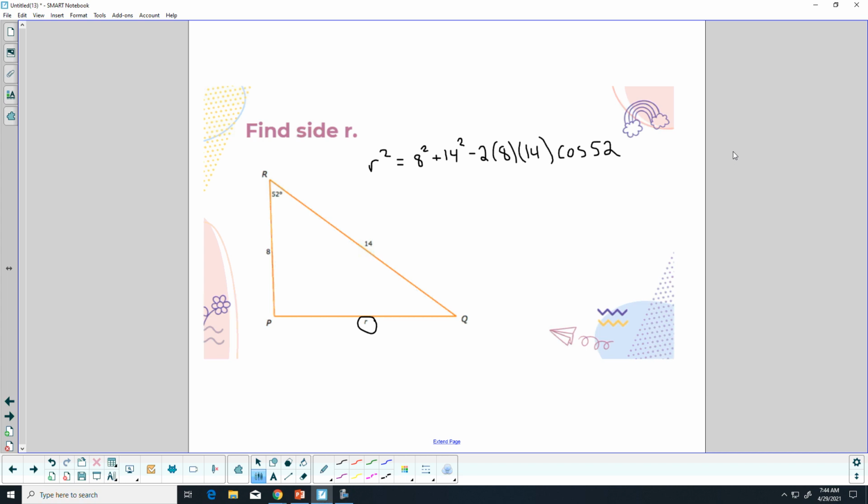So 8 squared plus 14 squared, I get 260 minus 2 times 8 times 14 times the cosine of 52. And I get 122. Need to take the square root of that. And I get 11. That seems like a reasonable answer based on the other two sides.